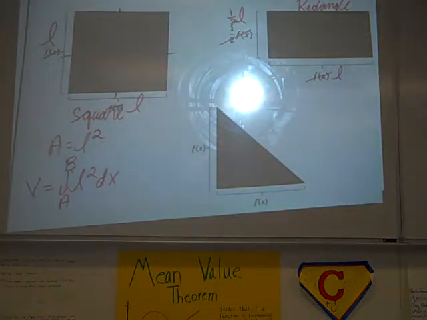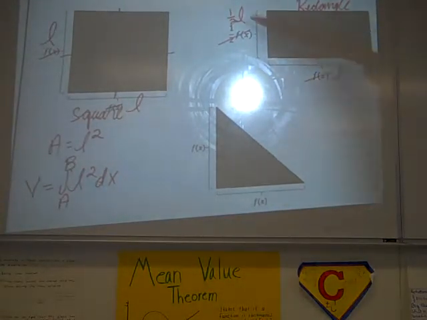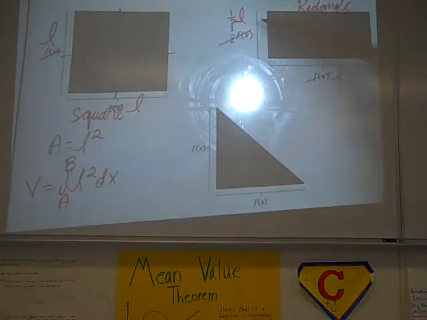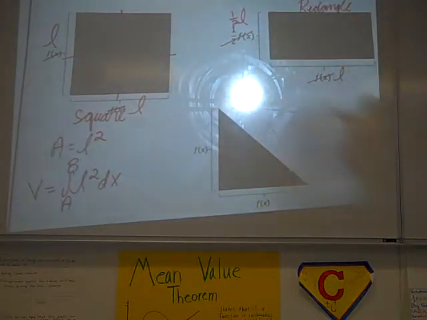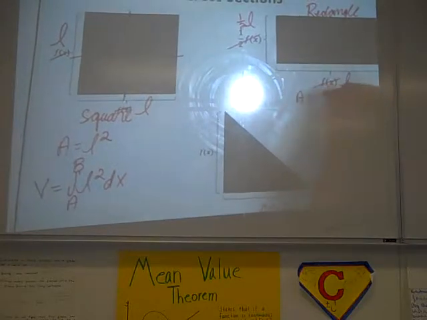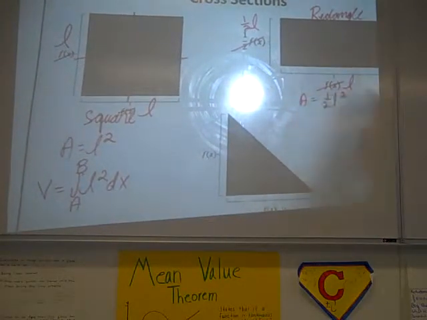In some of the AP problems, whenever they talk to you about a rectangle, there's generally going to be some relationship between the base and the height. So in this example, I'm going to tell you that the height of the rectangle is 1/2 the base. So that means the area would be 1/2 L squared.